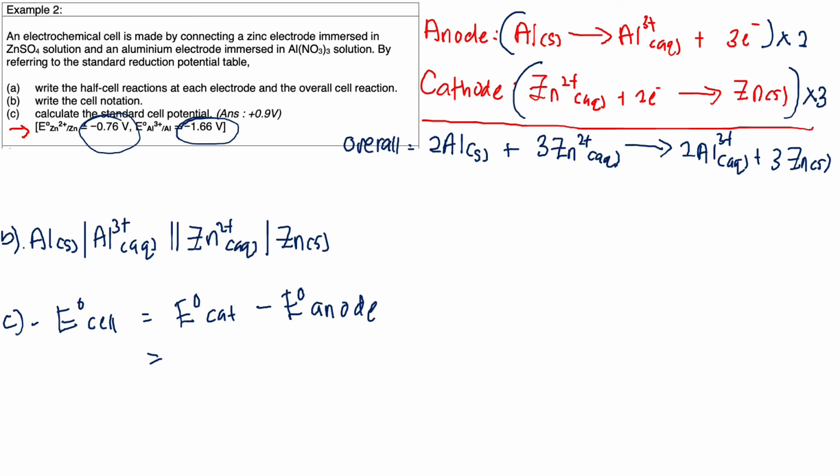Since our cathode here is zinc, we are going to get negative 0.76 volt minus negative 1.66 volt. So, how much are we going to get?